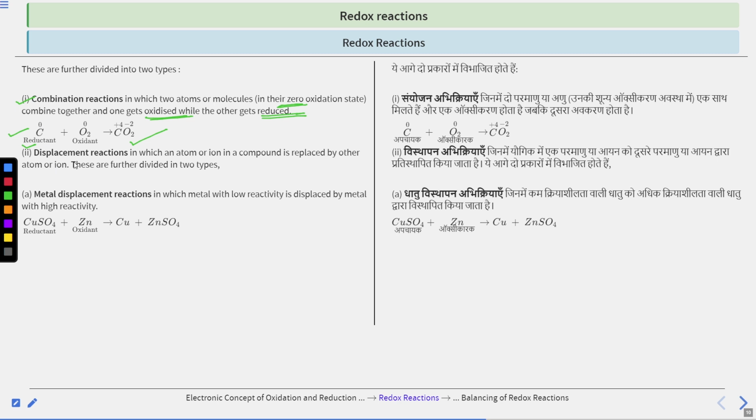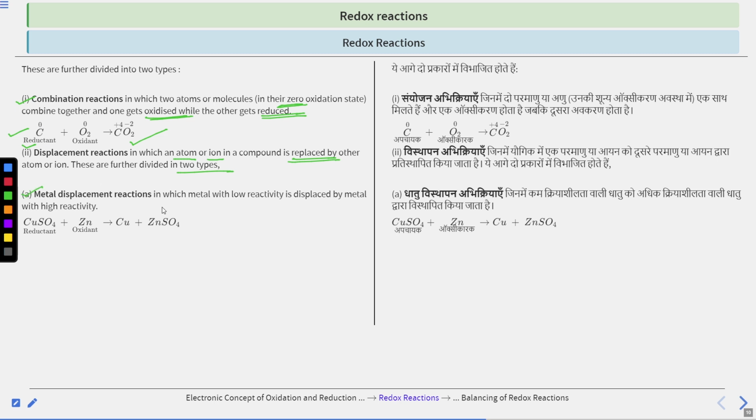The second type of intermolecular redox reaction is the displacement reaction, in which an atom or ion in a compound is replaced by another atom or ion. As the name says, displacement. Displacement reactions are further divided into two types.